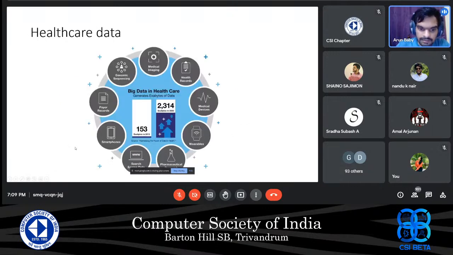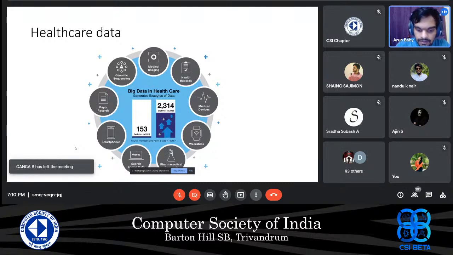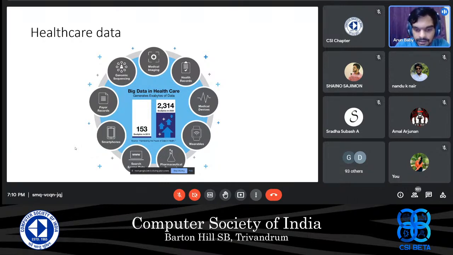Other than that, we have a lot of data available on the internet that are related to the patients, and we have payer records, which are basically insurance records. So we can have really complex models which use the financial data and the health record data for developing better solutions.